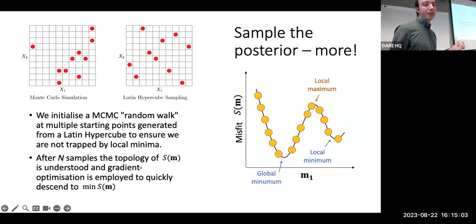After a certain saturation point, depending on how many dimensions or variables you have, you saturate the posterior, and we can stop, which is good. As a side note, we use a Latin hypercube to initiate our first guesses. This ensures that we have orthogonality within our initial parameter space.